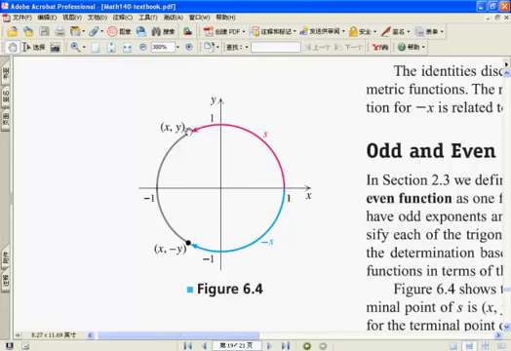So they must have the same x-coordinate and opposite y-coordinates. From this figure, we can immediately find sine of s equal to y, and sine of negative s equal to negative y. And cosine of s is equal to x, and cosine of negative s is also equal to x.